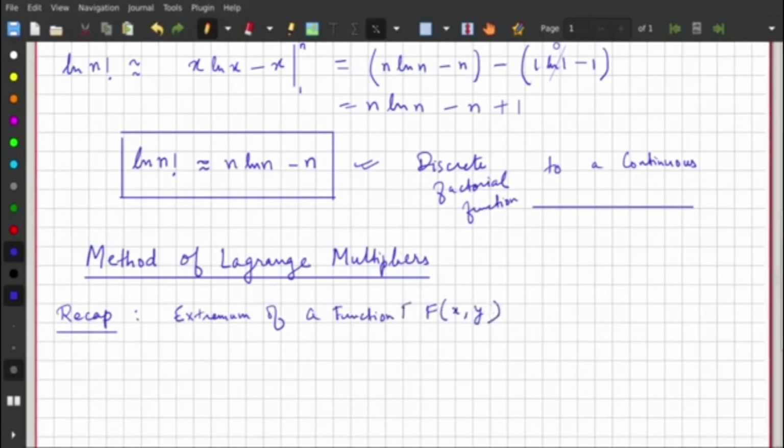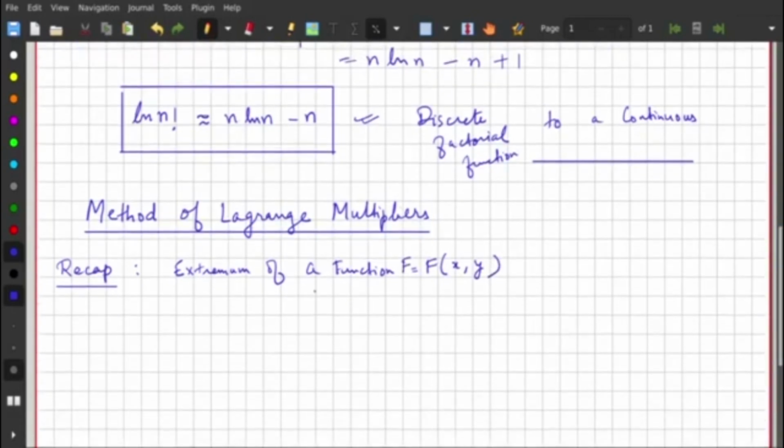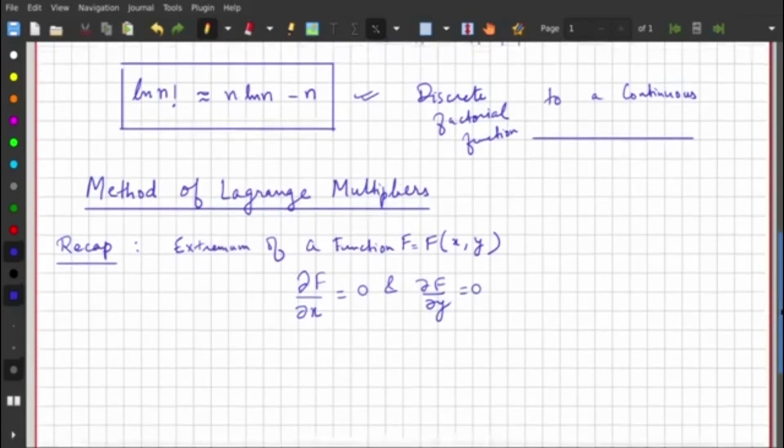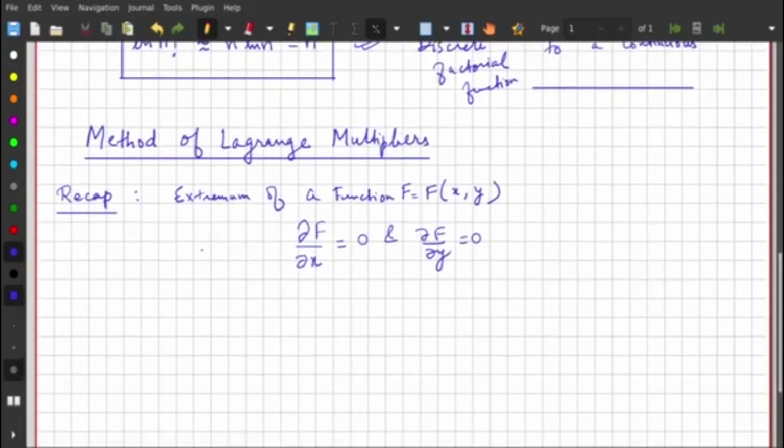So this is a function whose extremum we want to find out, and the condition that we use is partial f partial x equals 0 and partial f partial y equals 0. What the method of Lagrange multiplier does is basically extend this idea of finding the extremum of a function, either maximum or minimum, but subject to a constraint.